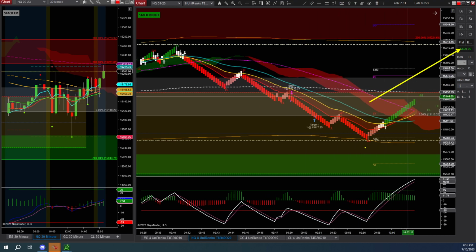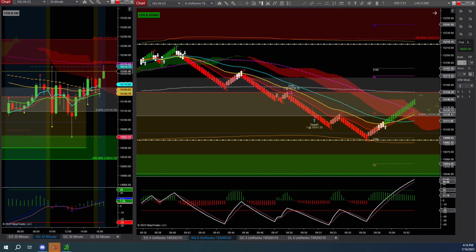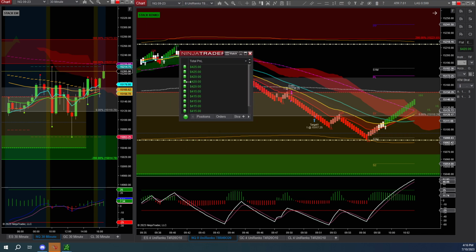That is my only trade today, $420. Now the good thing is that since I told you last time, I'm trading 10 accounts, and you see that not all of them are exactly at 420. It seems that in some of the accounts it waited a little bit to touch the 415.